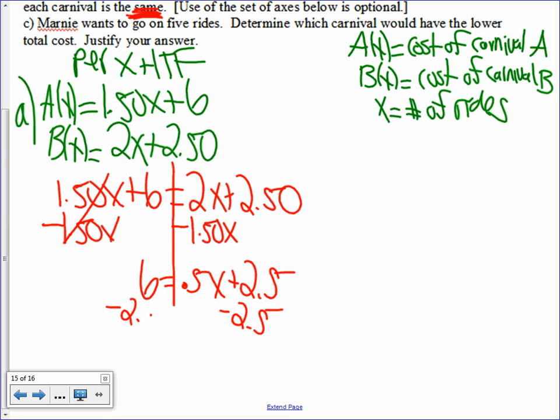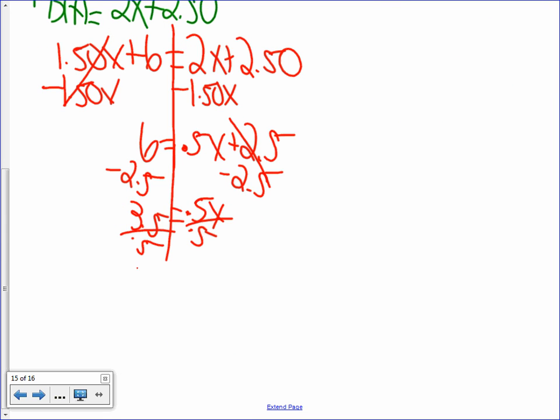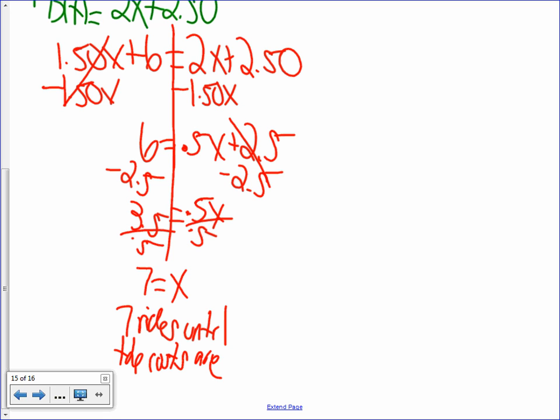If you're afraid of the decimals, you can use a calculator to help you. Divide by 0.5. You get X to be 7. So 7 rides until the costs are the same.